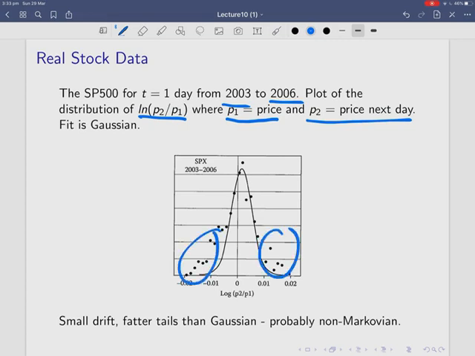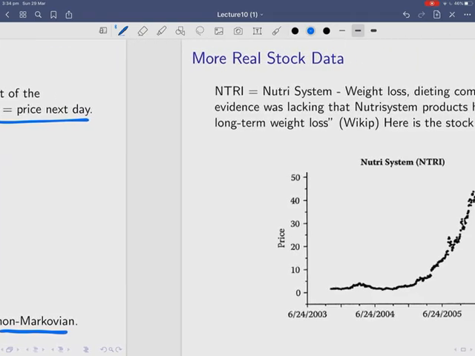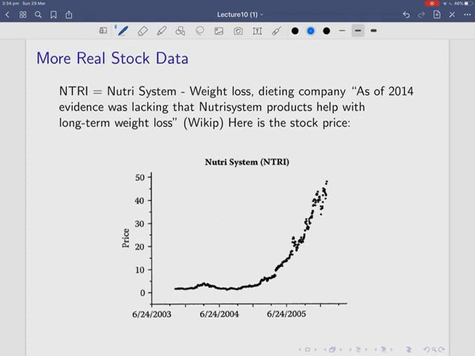The tails are fatter than Gaussian, which probably tells you that the system is non-Markovian, that people remember what it was yesterday and the day before yesterday and the day before that. People who buy and sell stocks are not complete idiots. They look at the past history, so that's part of the reason why this is not quite as we might hope.